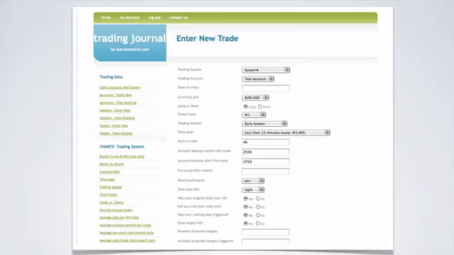Let me actually show you a screenshot of the trading journal software itself. This is the specific page where you insert every new trade into your track record database.